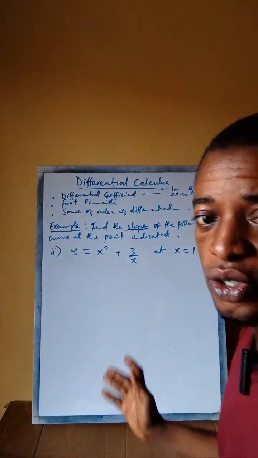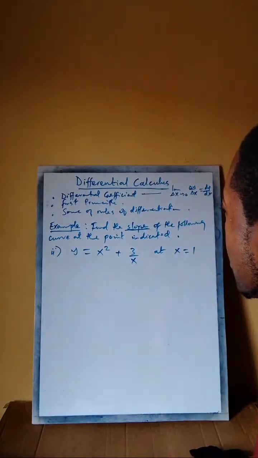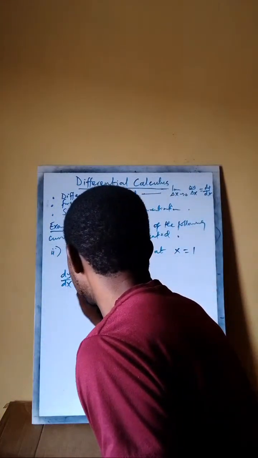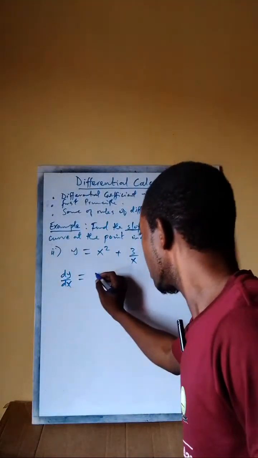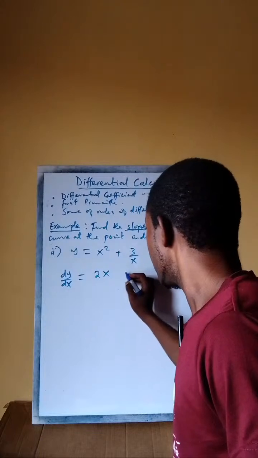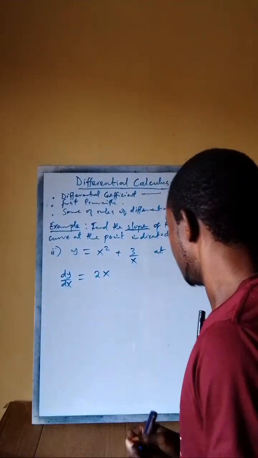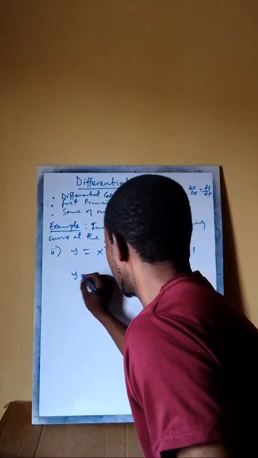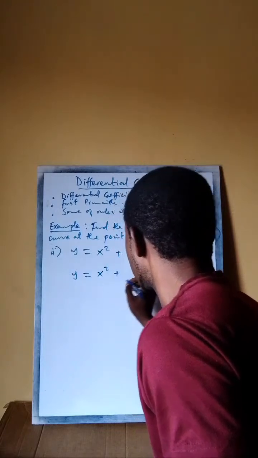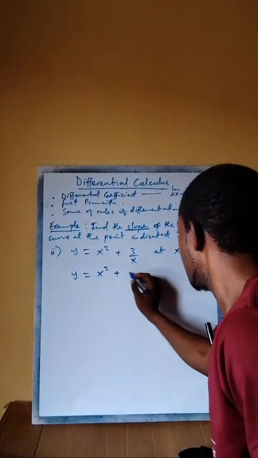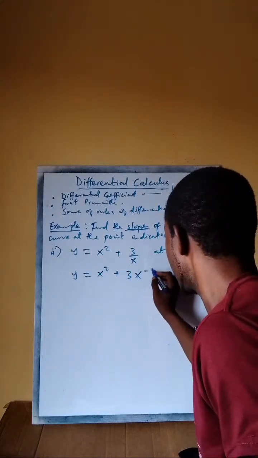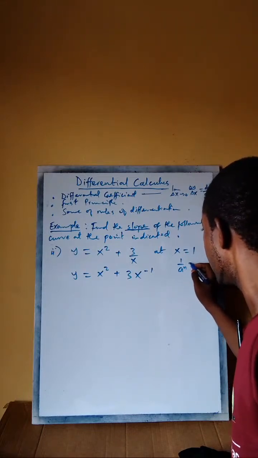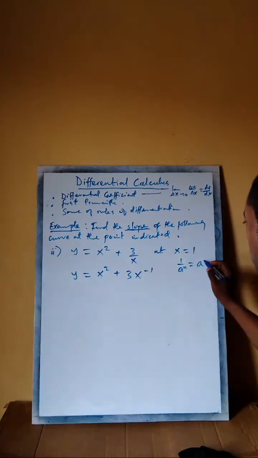The slope here, which is also the gradient or the derivative or the differential coefficient, dy/dx, will be differentiating x squared, that's 2x. Before we differentiate, we can write this again: y equals x squared plus 3x raised to power minus 1. Because when we have 1 over a raised to power n, this is the same thing as a raised to power minus n.